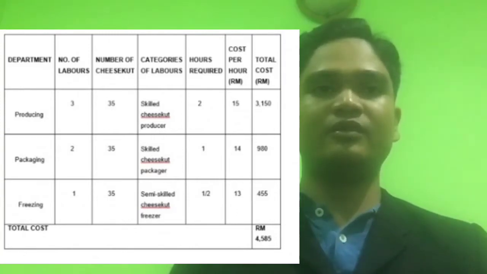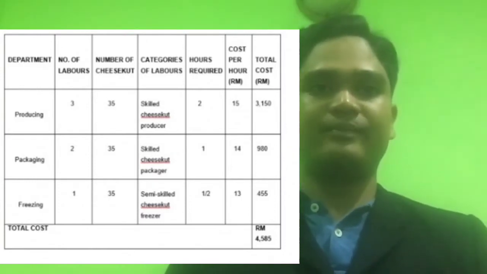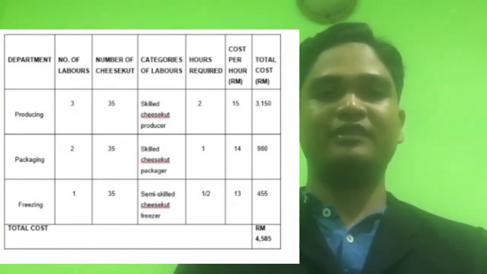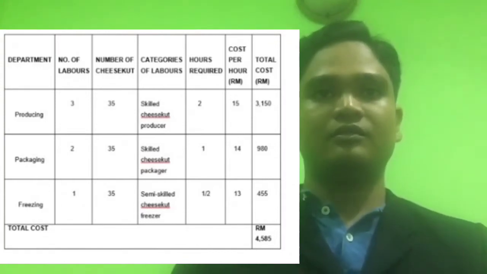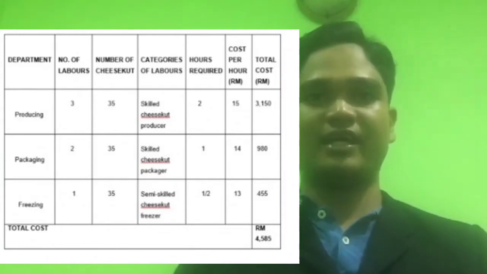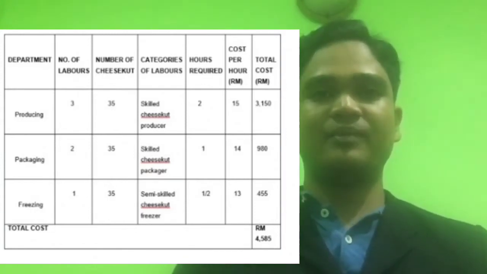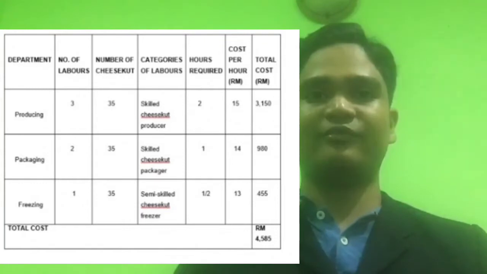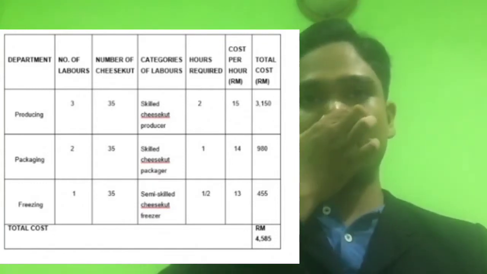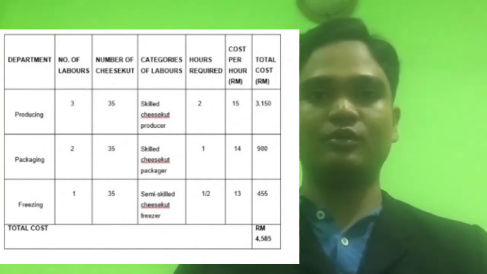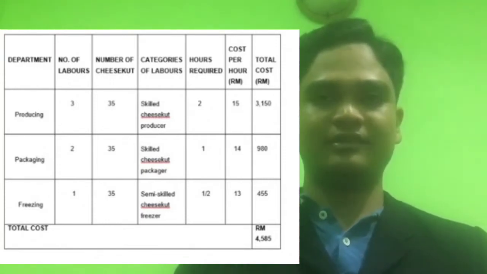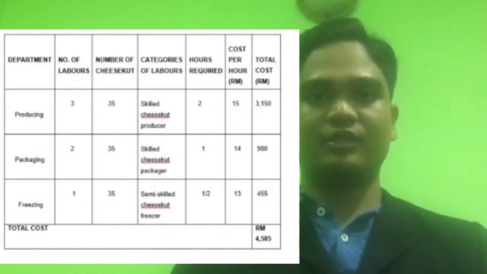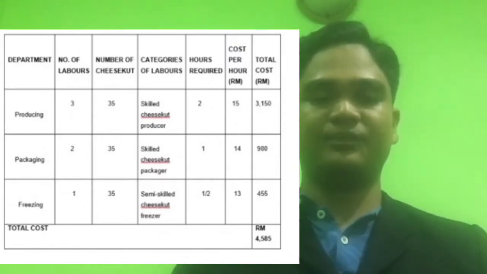So we move on to the last department, which is freezing. The number of laborers for freezing is one worker only. The number of cheesecoats is the same, 35, and the category of labor is semi-skilled because they are only freezing. The hours required to freeze the cheesecoats is 1 hour, and the cost per hour is 30 ringgit.